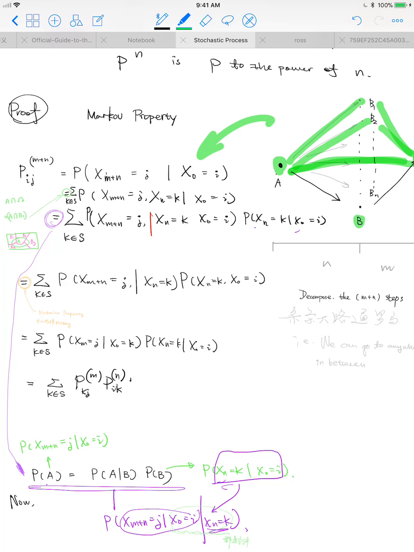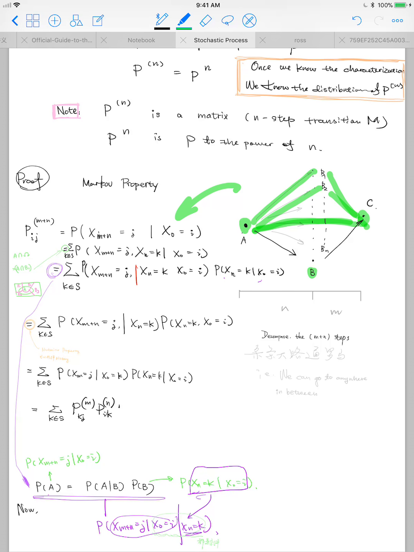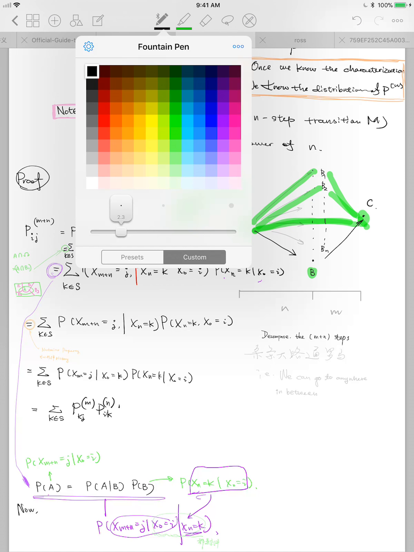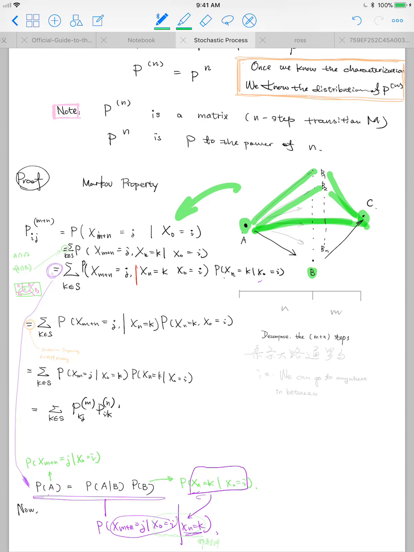Pij(m+n) is the probability that, starting from state i, you will end up in state j after m+n steps.